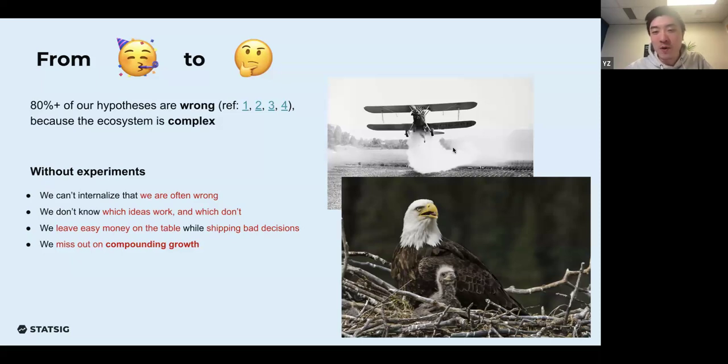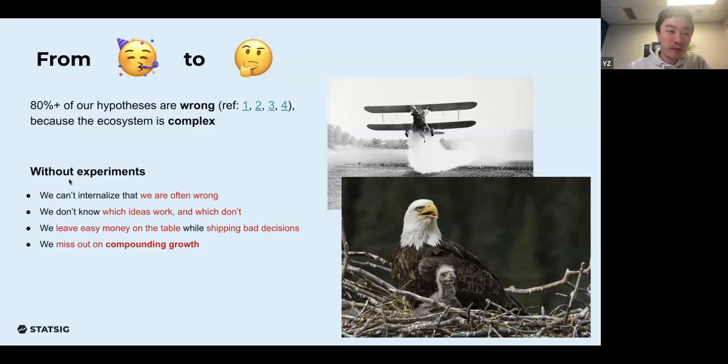So initially, people have a good intention, but because the ecosystem is so complex, you have unintended consequences. And because we are doing hard things with our product, most of our hypotheses should be wrong. Otherwise, we are just doing easy things. If everything is predictable, then it means we are doing things that are easy.